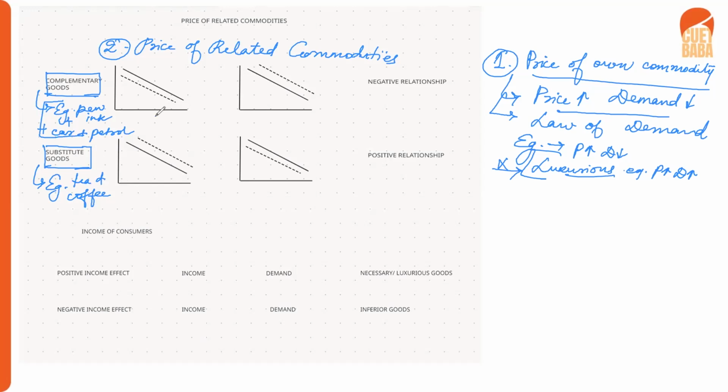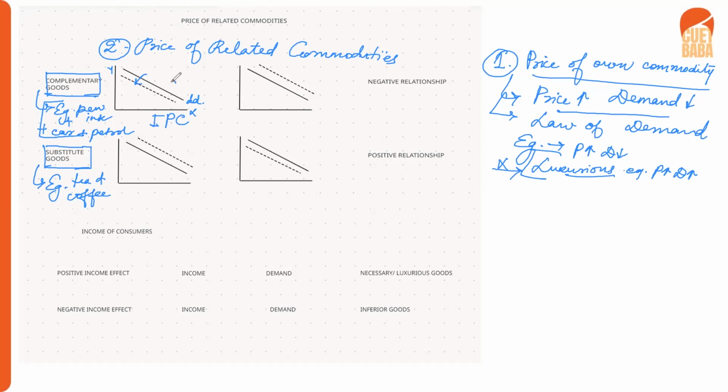Moving on to the graph, first we'll analyze the increase in the price of complementary goods. Based on this diagram, we can see X and Y. If there's an increase in the price of complementary goods, the demand curve would shift to the left. Why is there a shift?